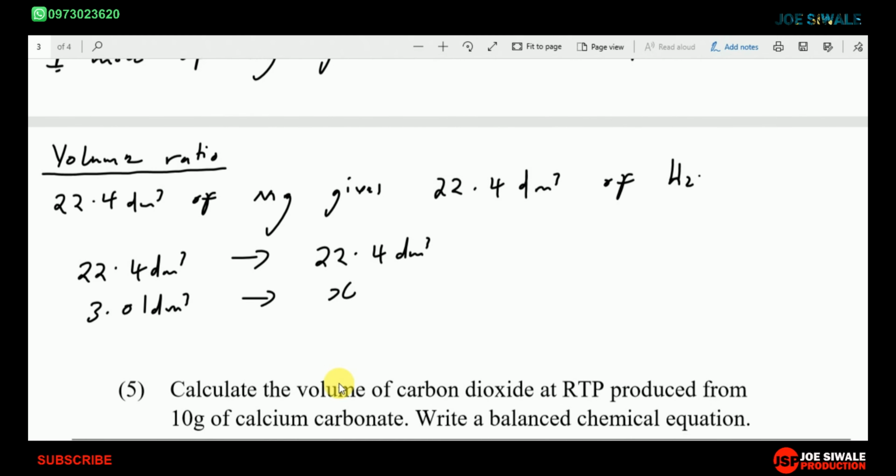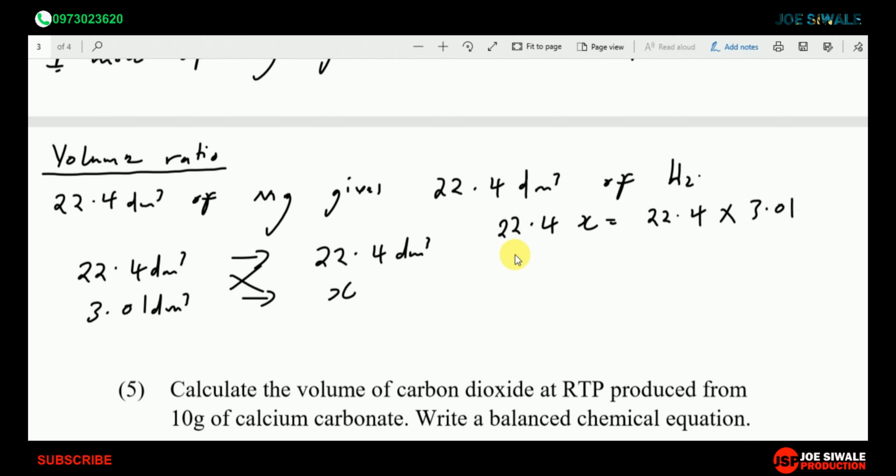So we're going to cross multiply. So we're going to have 22.4x is equal to 22.4 multiplied by 3.01.